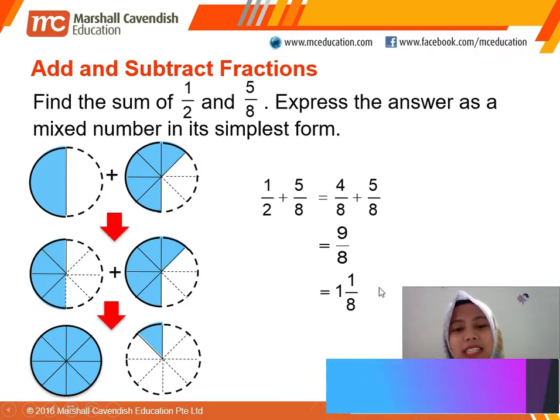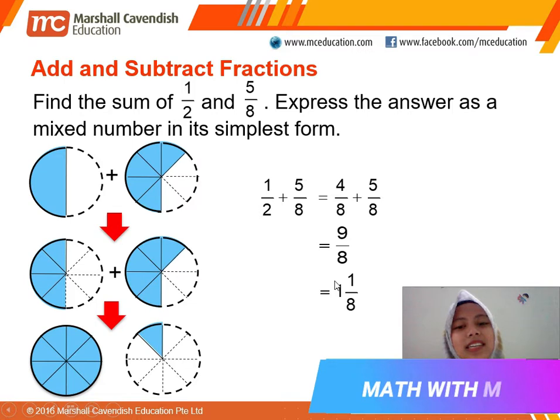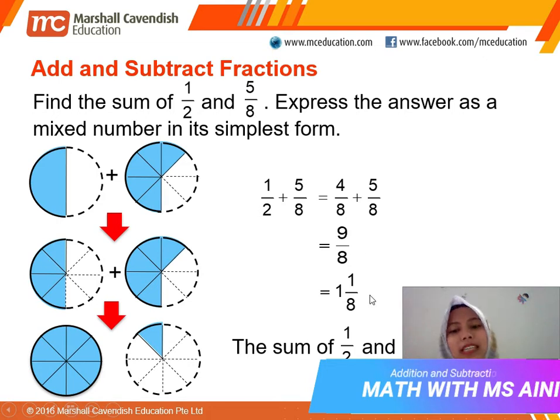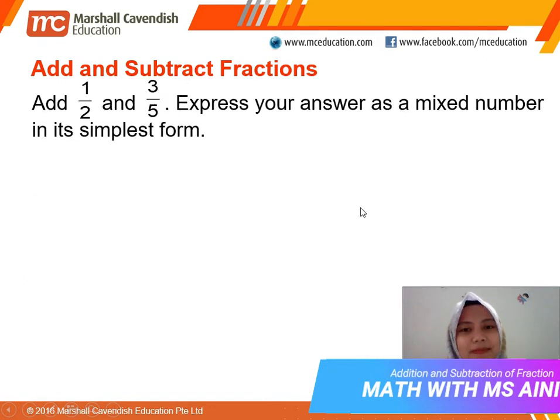Is it the simplest form already? Yes, sure, this is the simplest form already because 1 over 8 cannot be simplified anymore. So the sum of a half and 5 over 8 is 1 and 1 over 8.